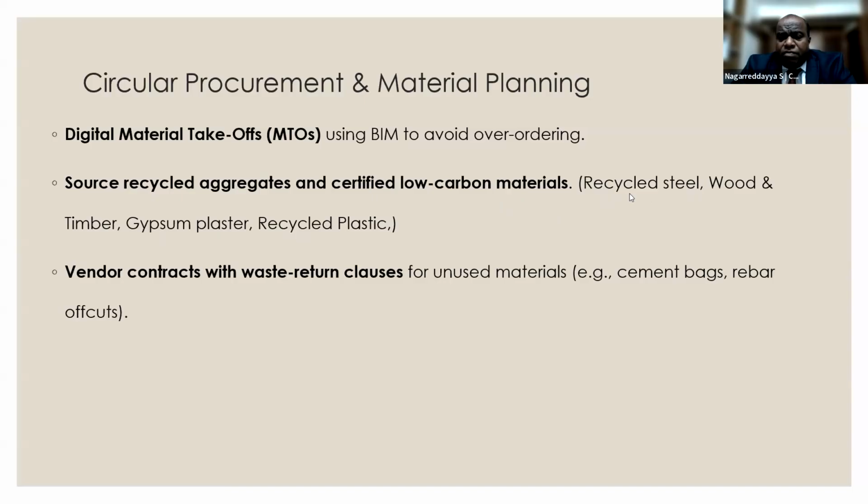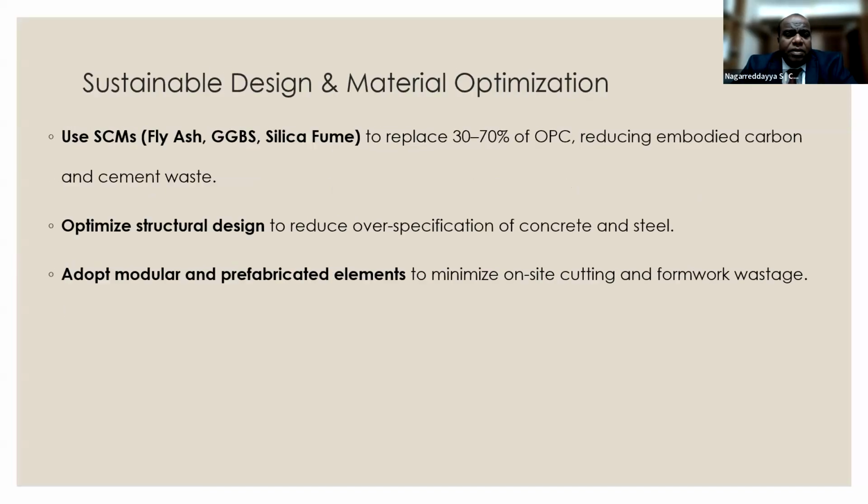If we use recycled steel, we are avoiding the use of virgin materials. Under vendor contracts with waste return clauses, whatever wastage materials are there, we return back to them for recycling.